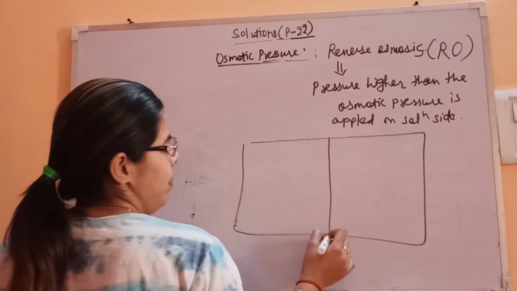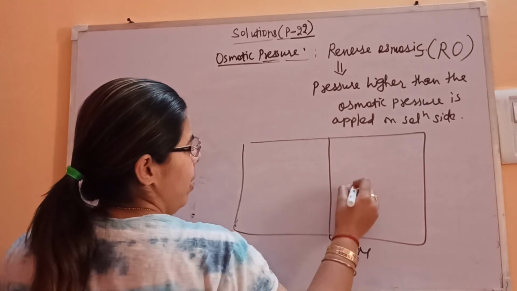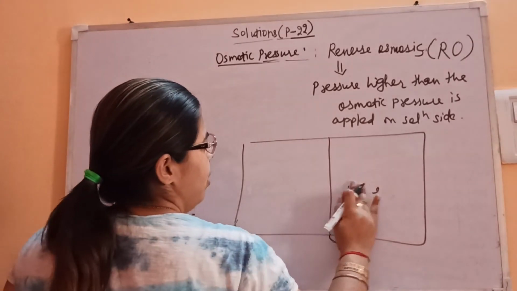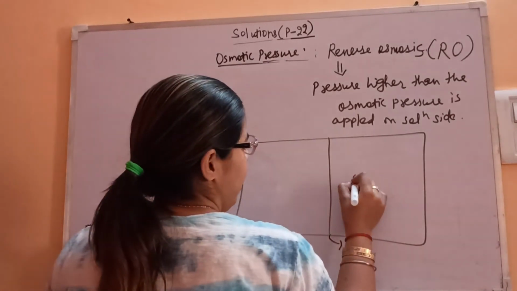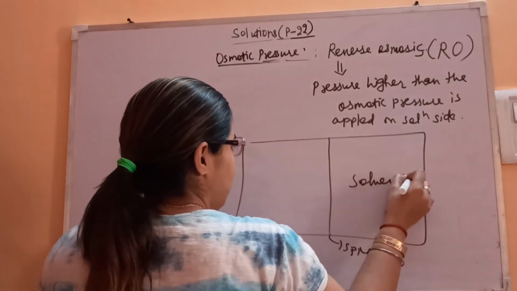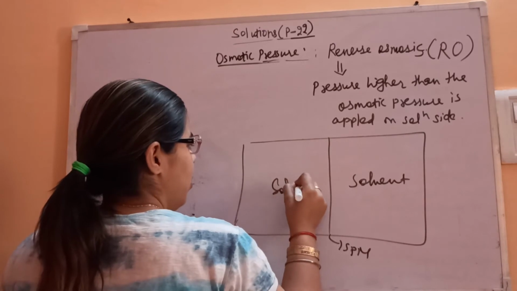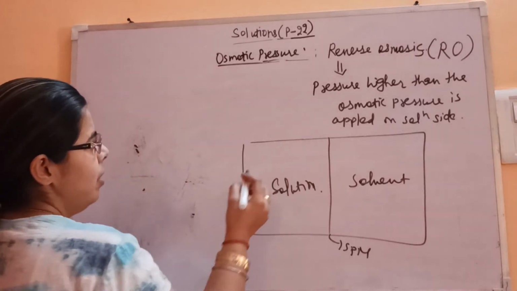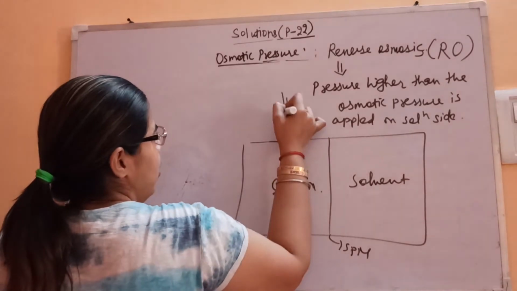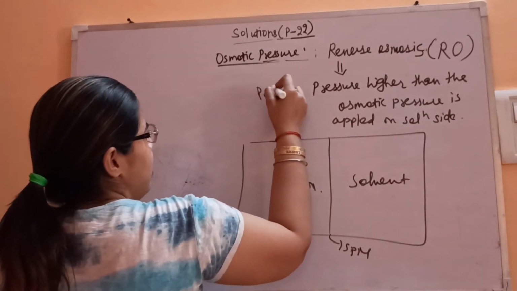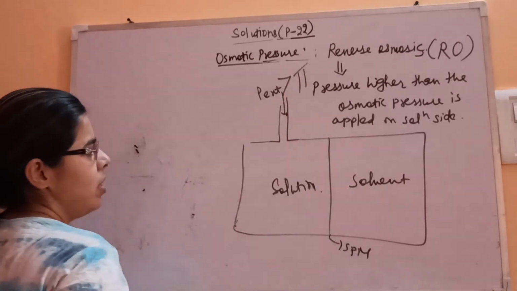So let's consider the two compartments here, separated by an SPM. Here let's say we will take solvent and solution. Solution can be anything. Here we need to apply pressure P external greater than the osmotic pressure. Fine.